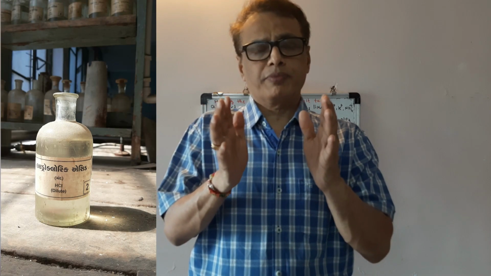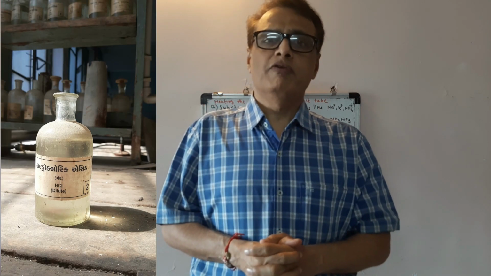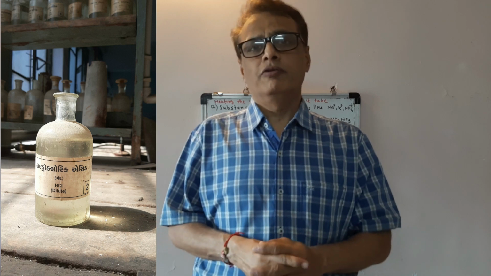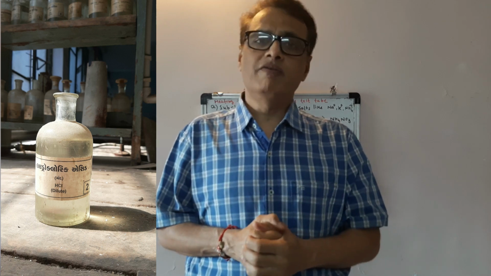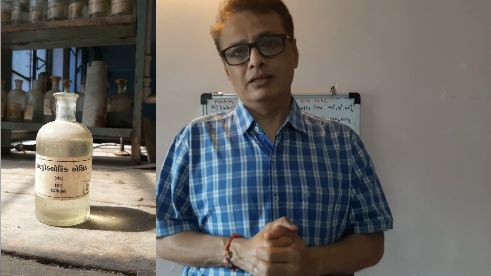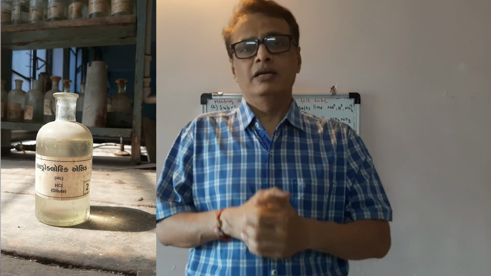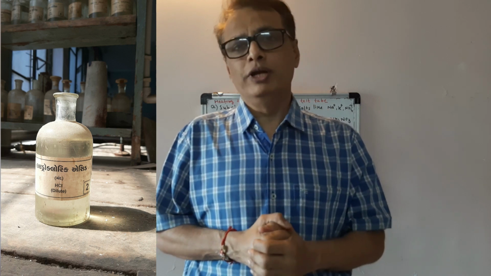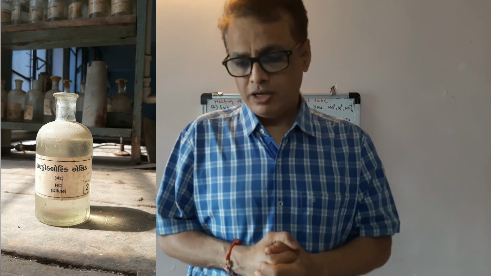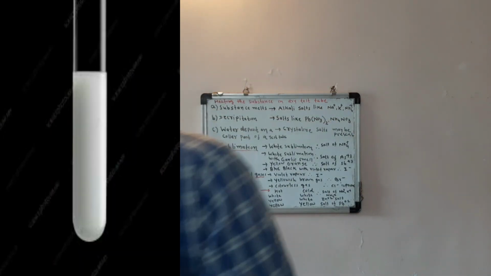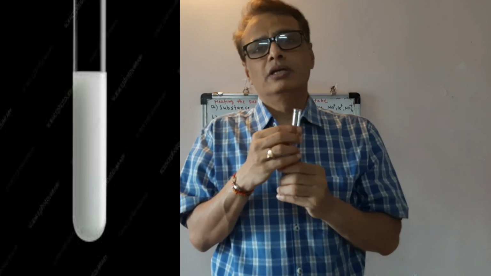To perform wet test for first group, we require dilute HCl. When we add dilute HCl to original solution and if we get precipitates, then first group Ag, Hg, Pb may be present.